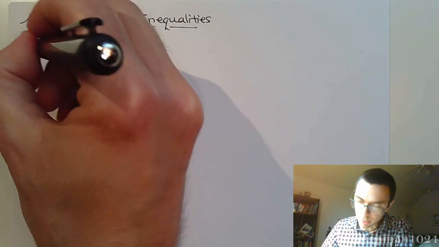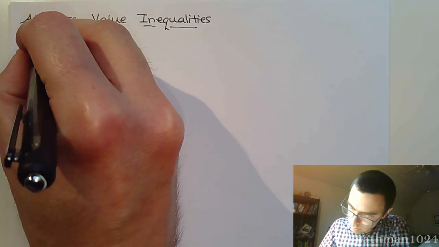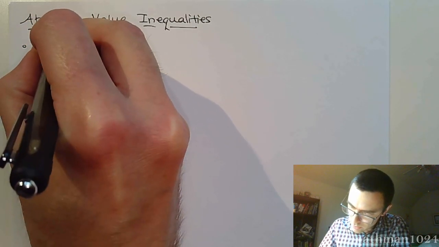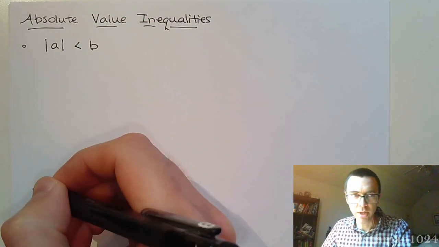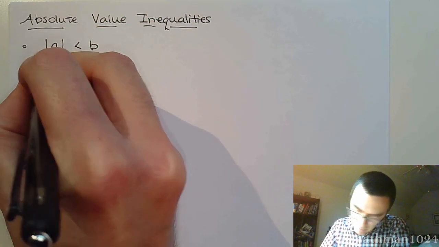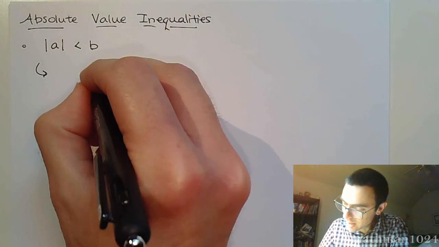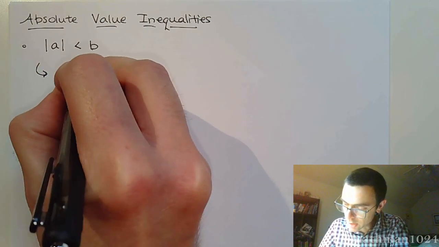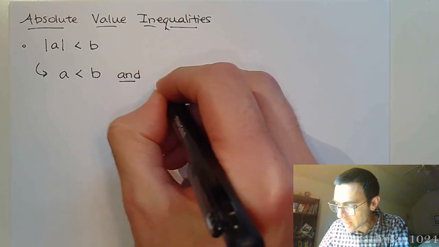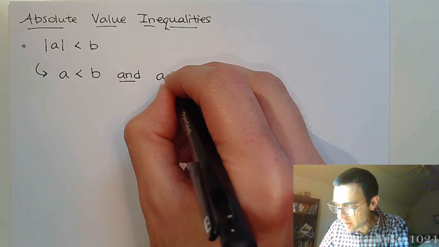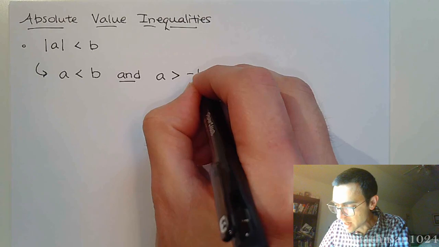All right, so here are the things we need to know about absolute value inequalities. When the absolute value of A is less than a number b, then what we get is this. We know that that expression has to be less than b, and that expression has to be greater than its opposite.